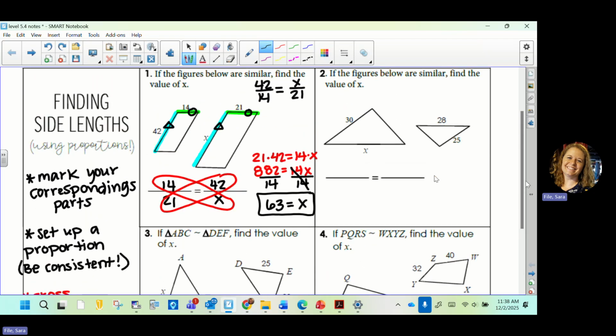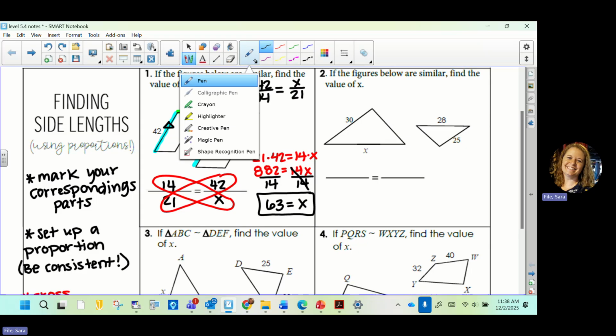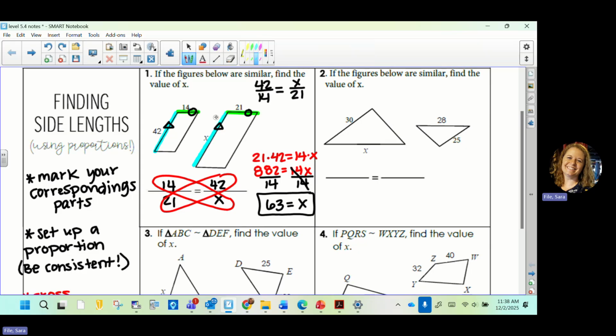Okay, so in number 2, I'm going to mark my corresponding sides. Now this one's a little tougher because this triangle is not drawn in the same orientation as the left one, is it? It's been turned. Somebody rotated it so that that point is now at the bottom that was at the top. Do y'all see that? Okay, so you have to check here. Looking at this, I can see that X is the longest side of the left triangle, and this is the longest side.